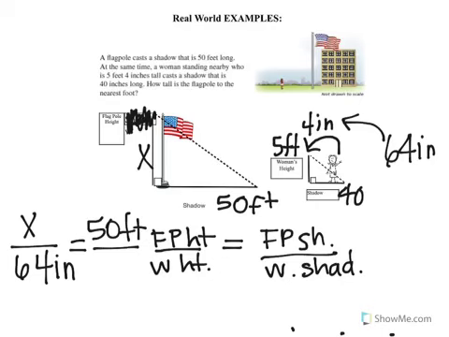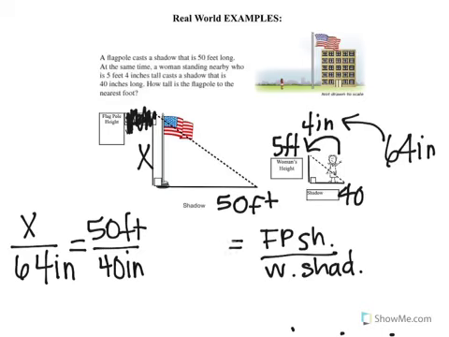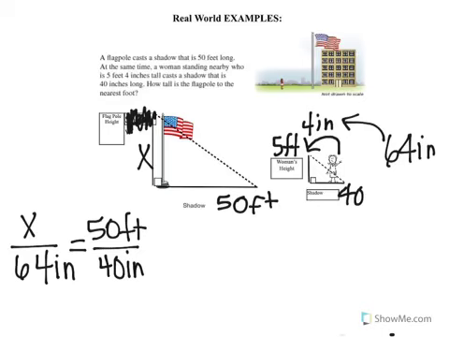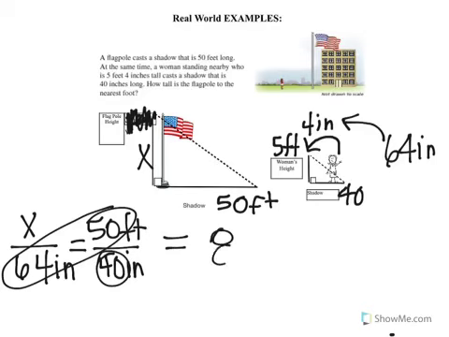And that would be over the woman's shadow. Well, the woman's shadow is 40 inches. And I'm going to erase that other part now because y'all already should have had that, so I can have more room. Okay, if we cross multiply and then divide, we would end up getting that the flagpole should be 8 feet tall.